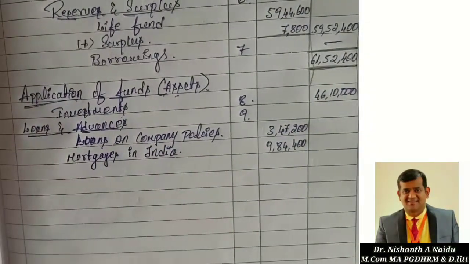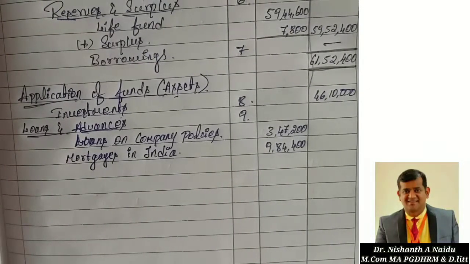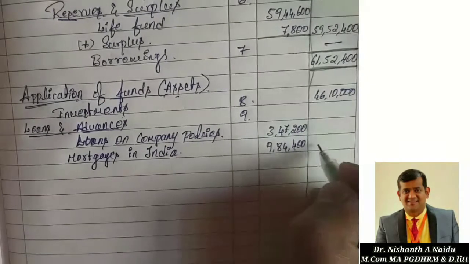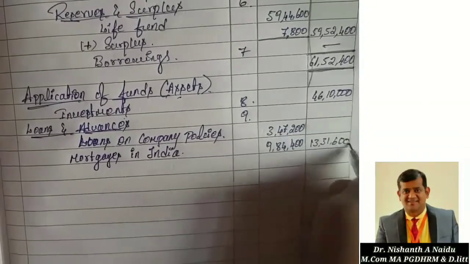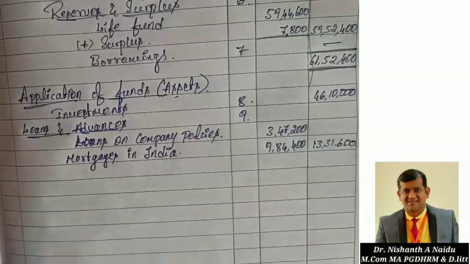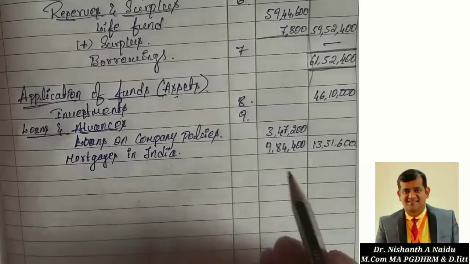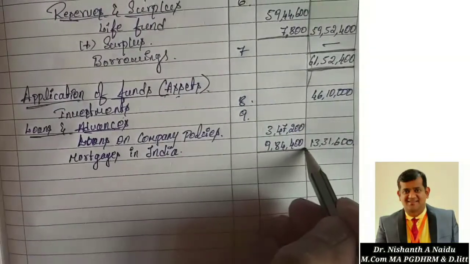Okay. So now calculate 3,47,200 plus 9,84,400. Put together 13,31,600 rupees. Okay. Clear?